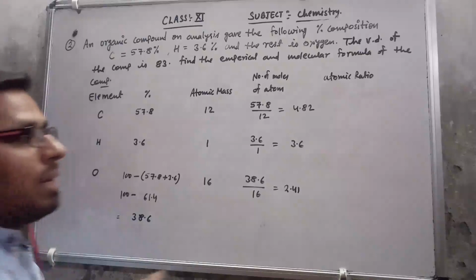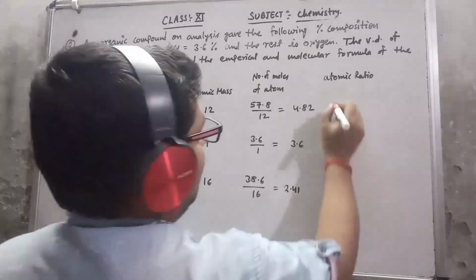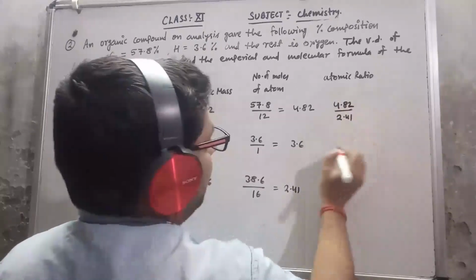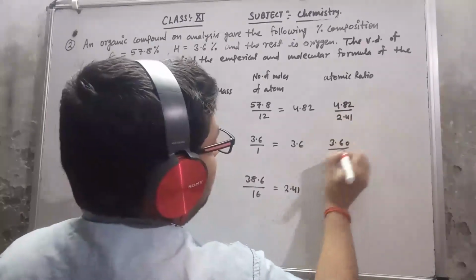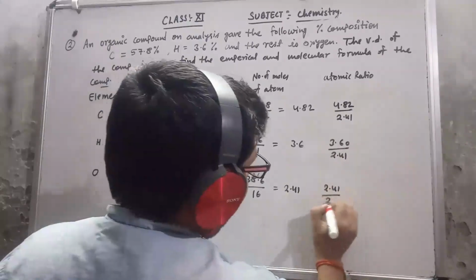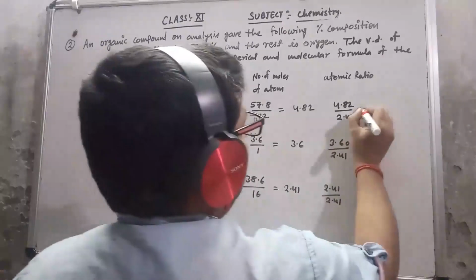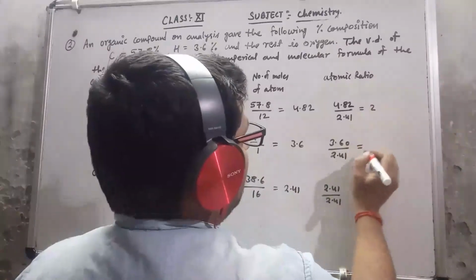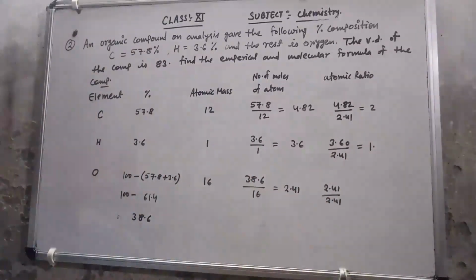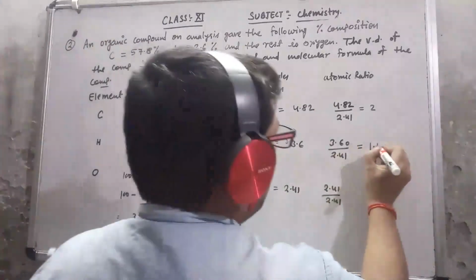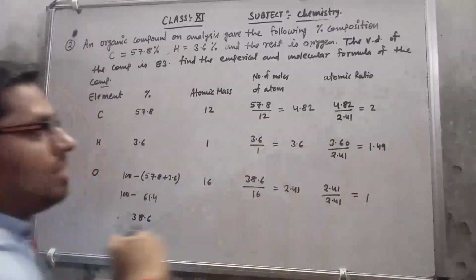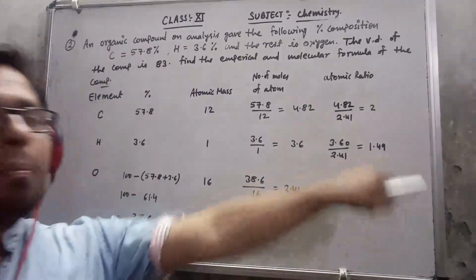The minimum is 2.41, so 4.82 divided by 2.41 is 2, 3.60 divided by 2.41 is approximately 1.49, and 2.41 divided by 2.41 is 1. The hydrogen value is in decimal.